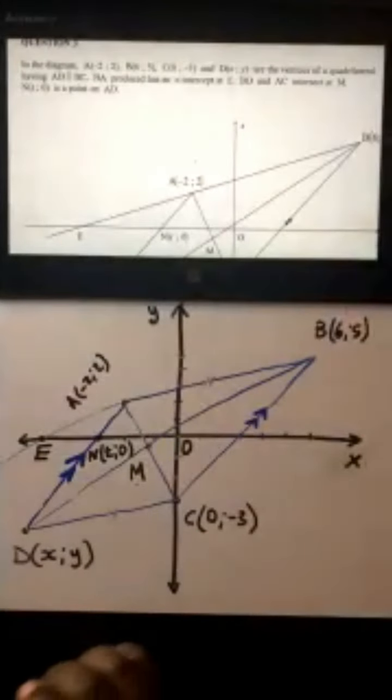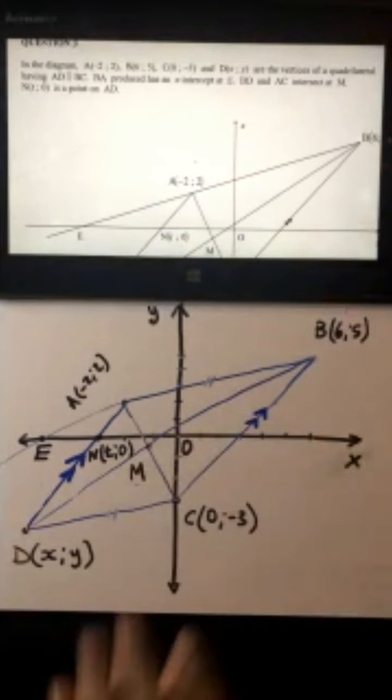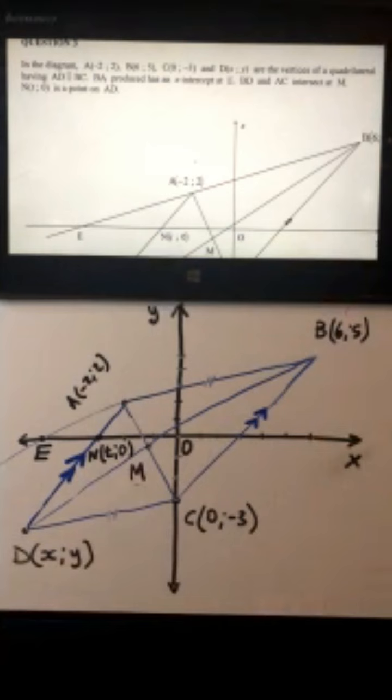Okay. So ladies and gentlemen, I think now I'm confident enough to go and tackle the questions in relation to this diagram because I've drawn the diagram. Now I fully understand what the examiner was trying to do over there.